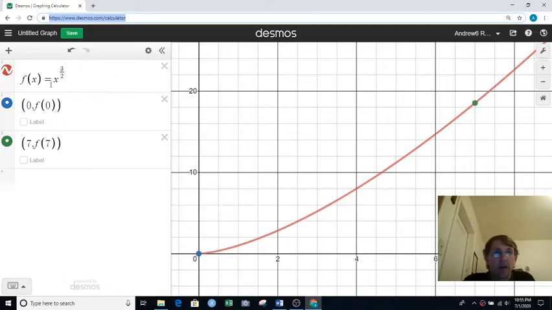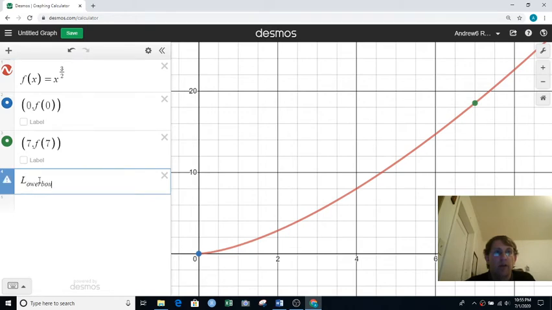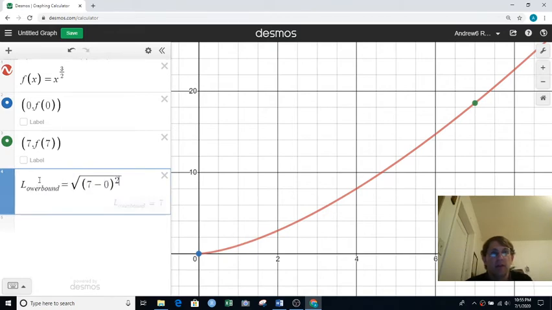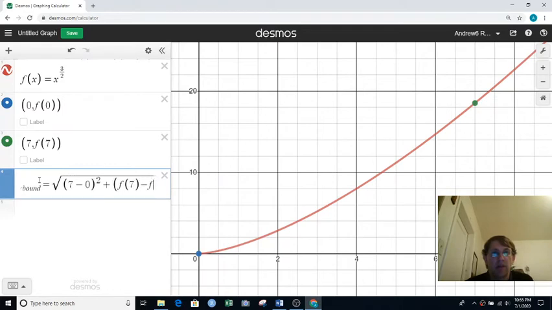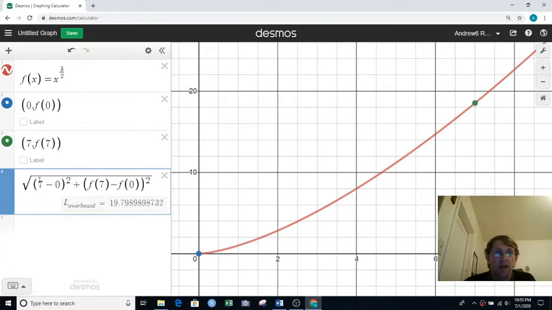All right, here we are. We've got our function. We've got our start and end points shown here. We could compute a lower bound, which would be the square root of the difference of the x's, right? 7 minus 0 squared plus f of 7 minus f of 0 squared. So that's our lower bound. That would be the straight line distance from one to the other.